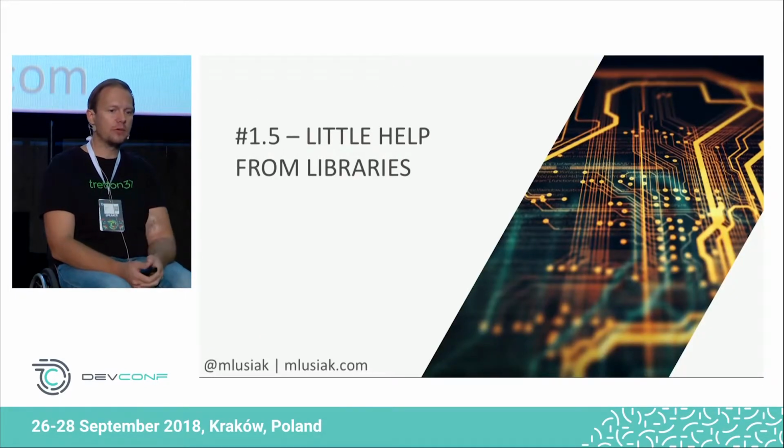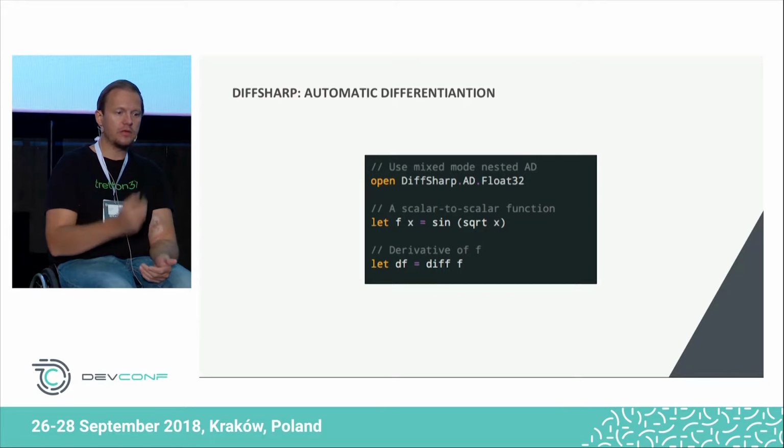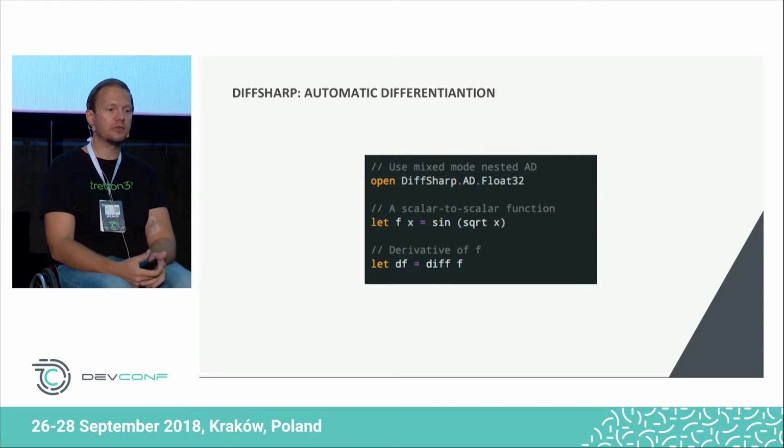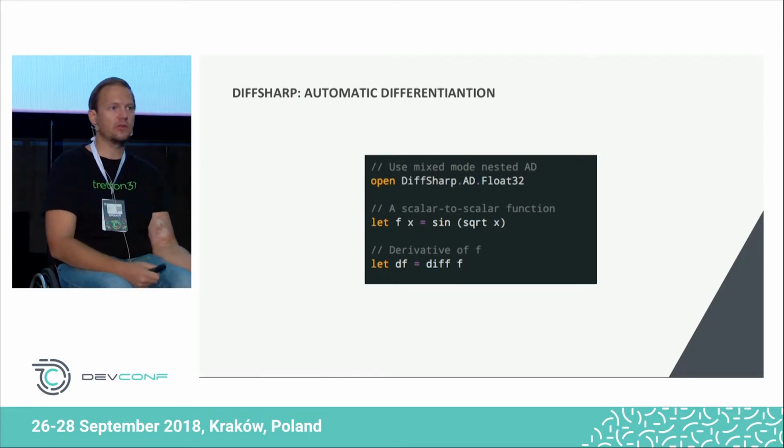All right, so if you don't want to do everything from scratch, you can help yourself with a few things at least. I really like, for example, the DiffSharp library that does automatic differentiation, so it can actually calculate the derivative of any function you pass to it. The derivative of the linear function I did was very simple.